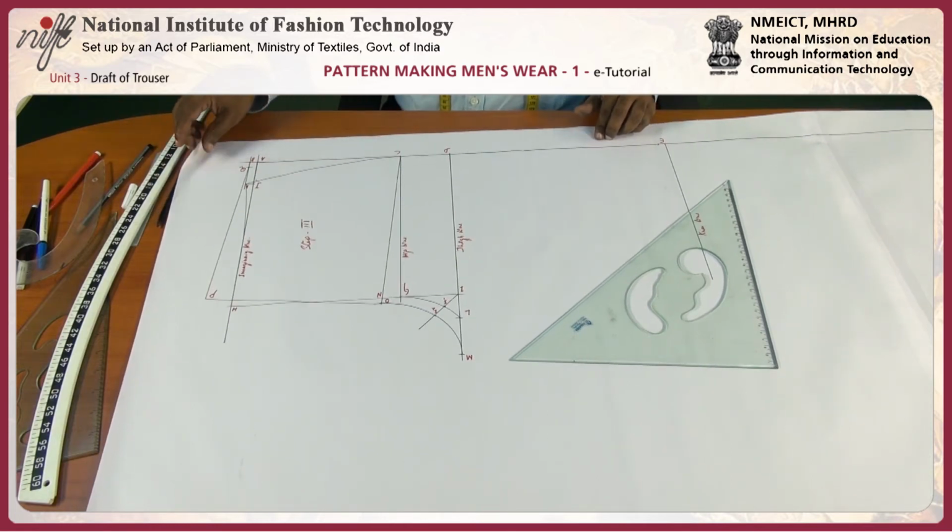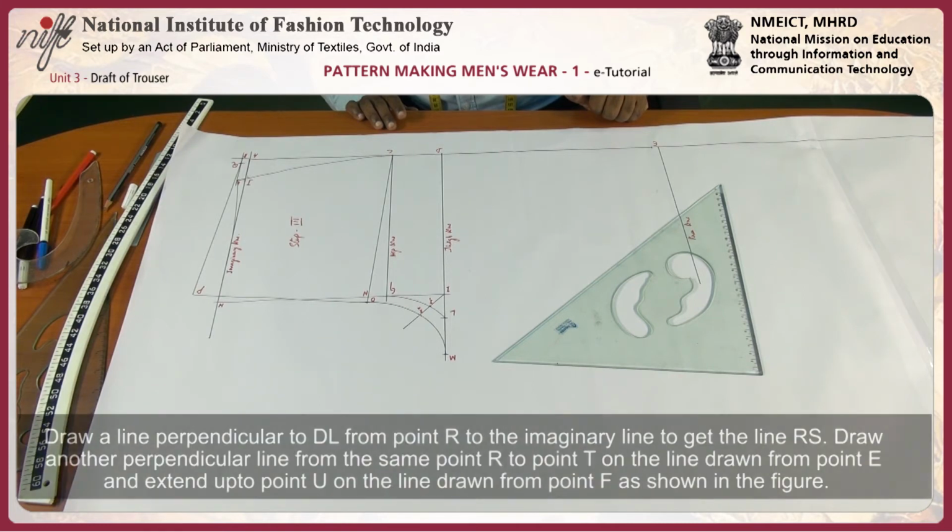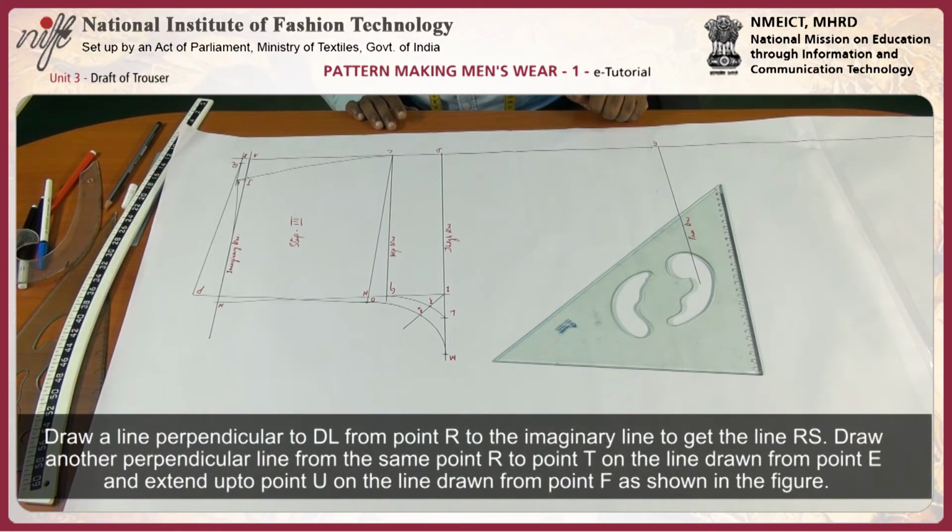Now moving to next point. Draw a line perpendicular to DL from point R to the imaginary line to get the line RS.